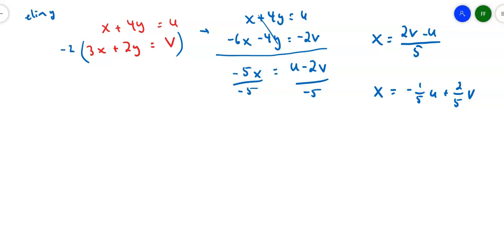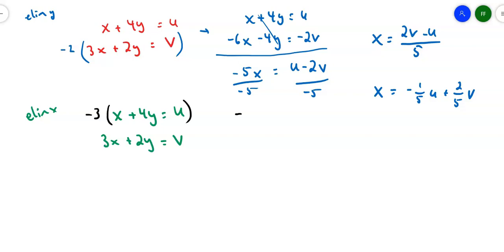All right, that next step is let's eliminate the x's. So let's start with those same lines: x plus 4y equals u, and 3x plus 2y equals v. This time, let's hit the top row with a -3. So I get -3x minus 12y equals -3u, and 3x plus 2y equals v.